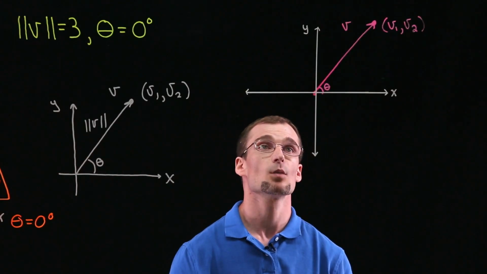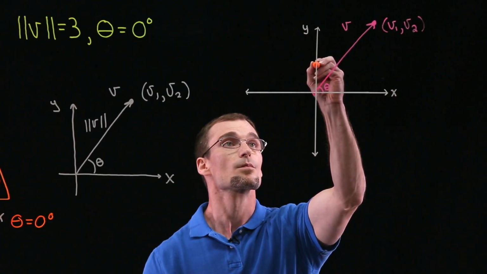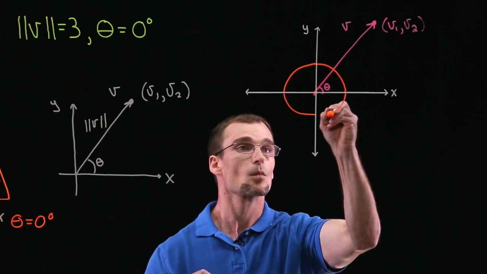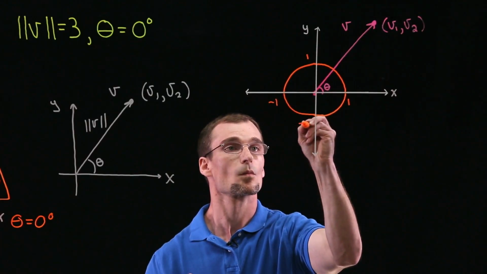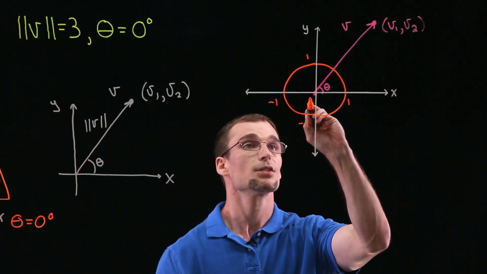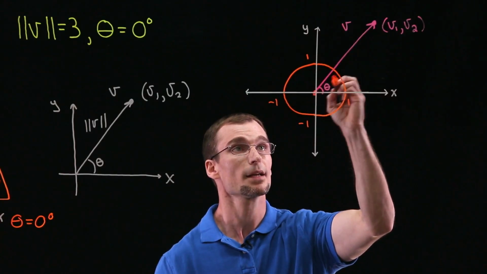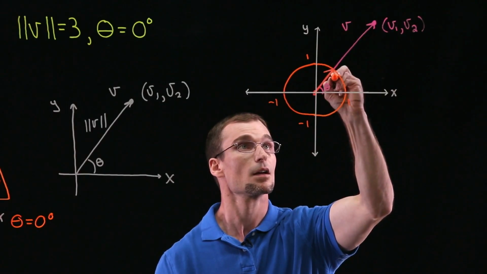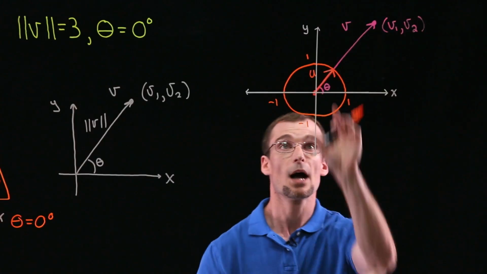Well, if we take a step back and consider the unit circle inside this xy plane, inside of our unit circle we have the unit vector u of length 1, or magnitude 1, that's going in the same direction as our vector v. Now, how can we use that?